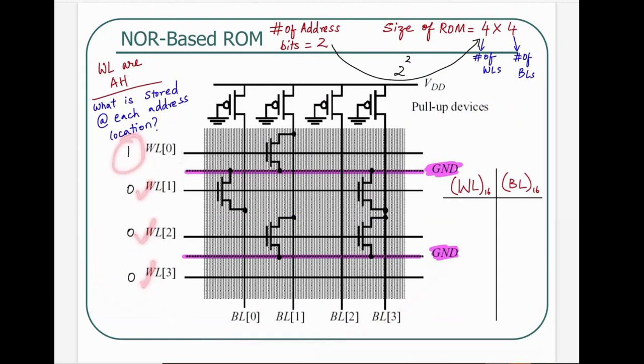In hex, 1. That's right. 1. That's in hex already. All right. So at word line 0 being active, that corresponds to maybe address input 0, 0, right? Maybe address 0, 0. What is going to be our corresponding bit lines?